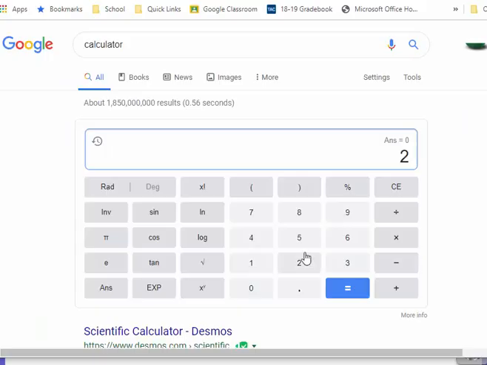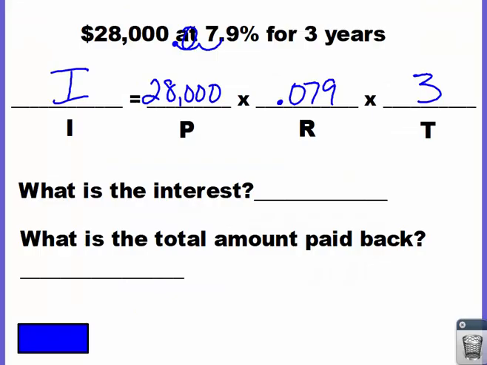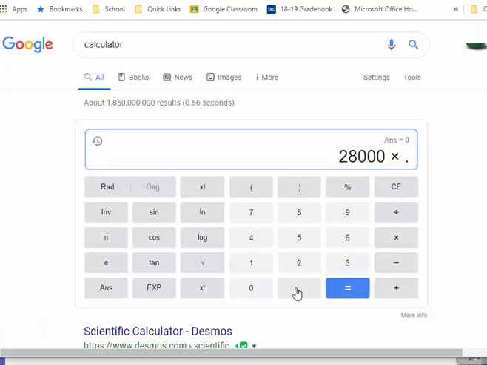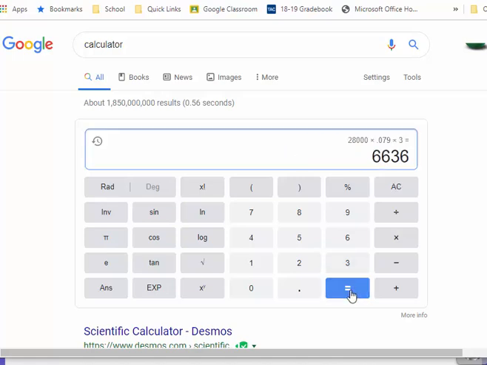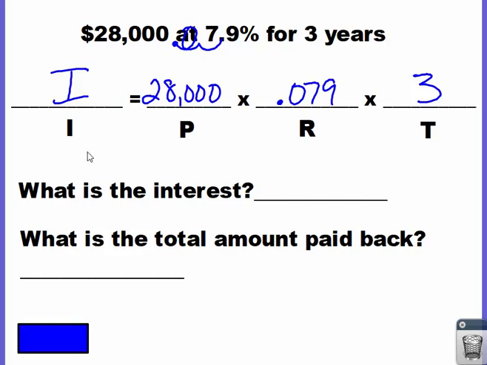We had 28,000 times our interest rate of 0.079, times our time, or our term, of 3 years. So we multiply that together, we hit equals, and we end up with 6,636. And that would be dollars.